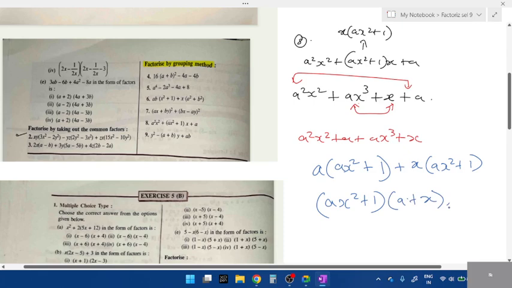Put y in the beginning. Like, can you see, x I put in the beginning and open the bracket? Yes, put y in the beginning, open the bracket.